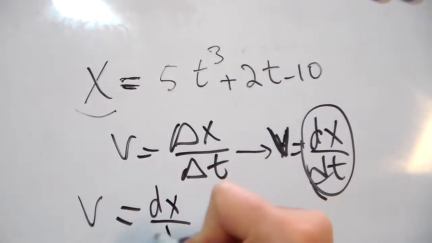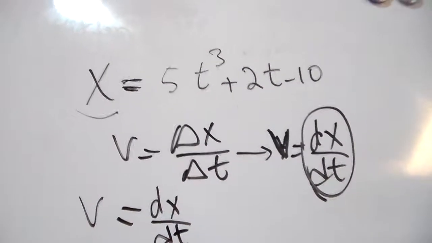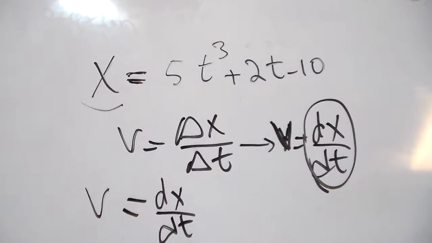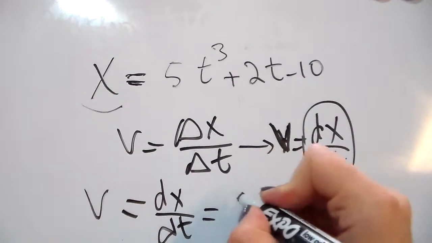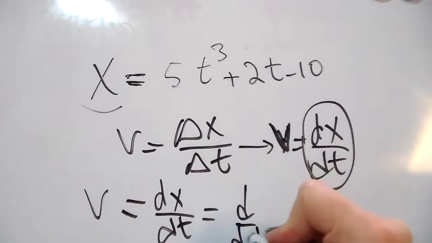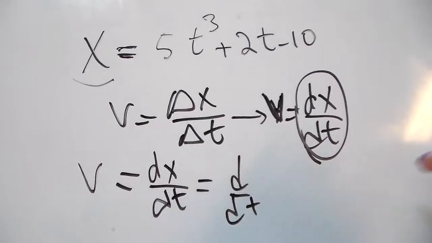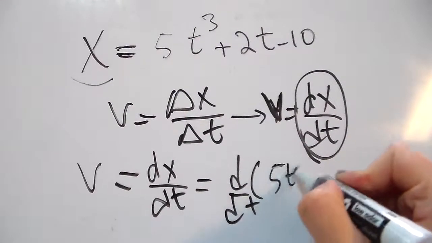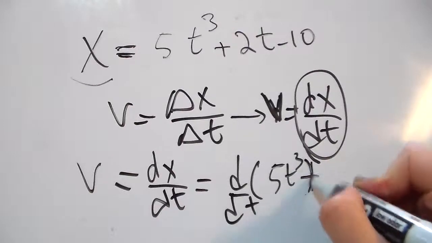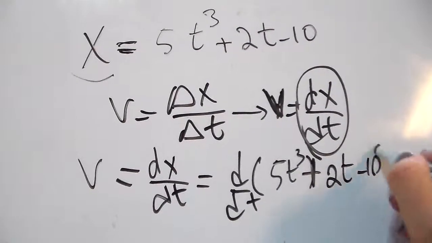All right, so if I'm looking for the velocity of this object, then I have to do dx/dt as I just said, and that simply means we're taking d/dt of 5t^3 plus 2t minus 10.